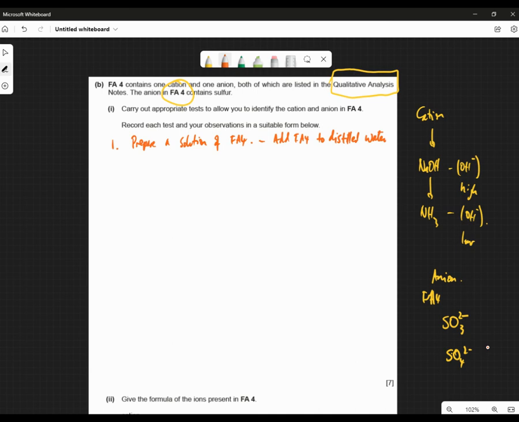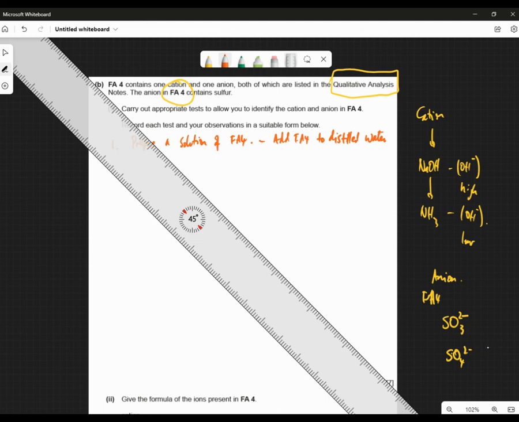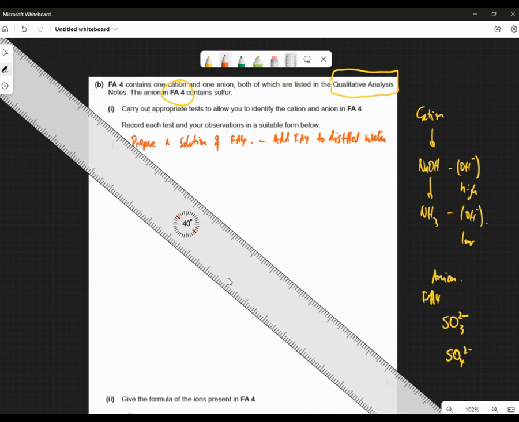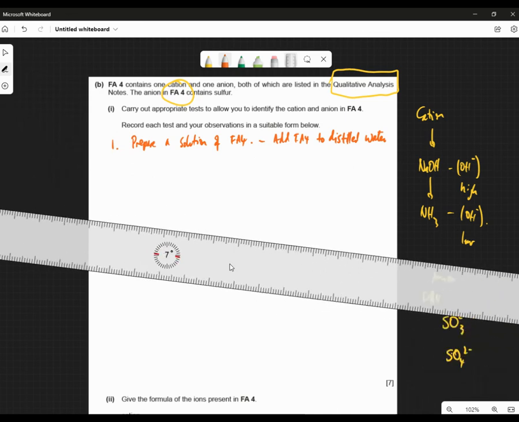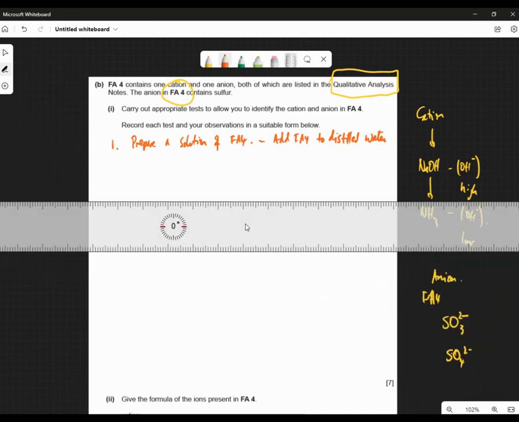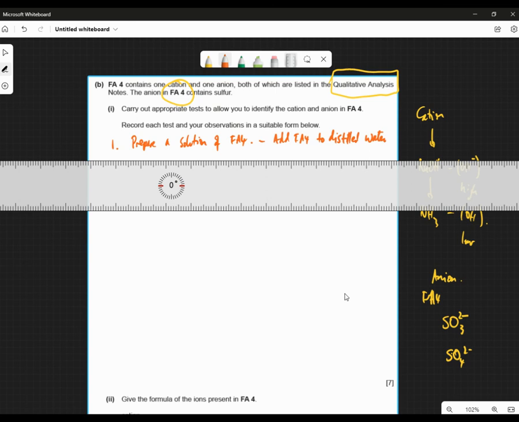So you prepare a solution of Fa4, and now we've got to draw a table. Now, let me see. Try and make your table nice. You get 1 mark, by the way, for drawing a nice table. Okay, so let's draw a nice table. Your tables, most of you got a mark for this, so I'm not worried about that.